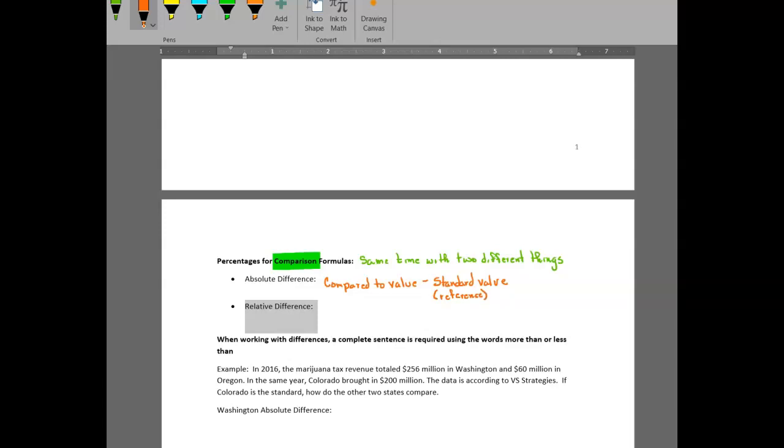So again, we're comparing two things. We're comparing something to a standard, if you will. The relative is still going to be a division problem.